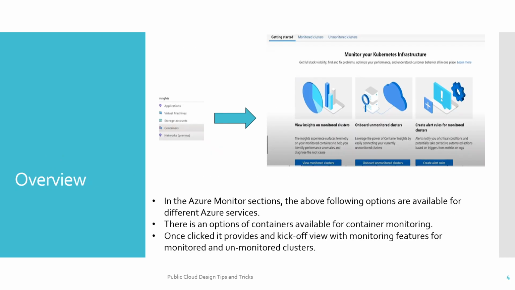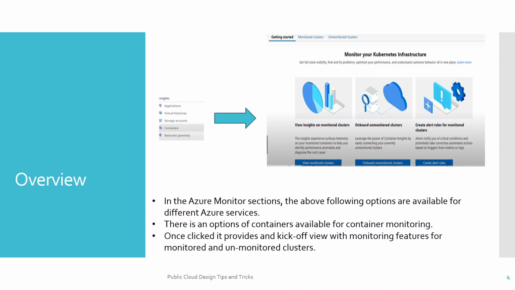Now to jump into the overview. When you open the Azure portal and go to the monitoring section, you can see various options to get the monitoring statistics, for example virtual machines, storage accounts, networks, and along with that there is also an option of containers.